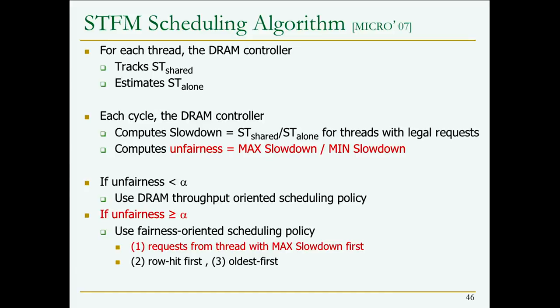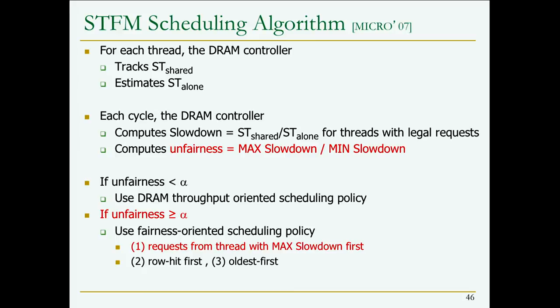How do you reduce the unfairness? Well, it's probably a good idea to prioritize the request that has been slowed down the most at that point in time. And of course, you have a prioritization-based scheduling policy. Given this, maybe you still want to prioritize row hits from that thread, right, to maximize performance.